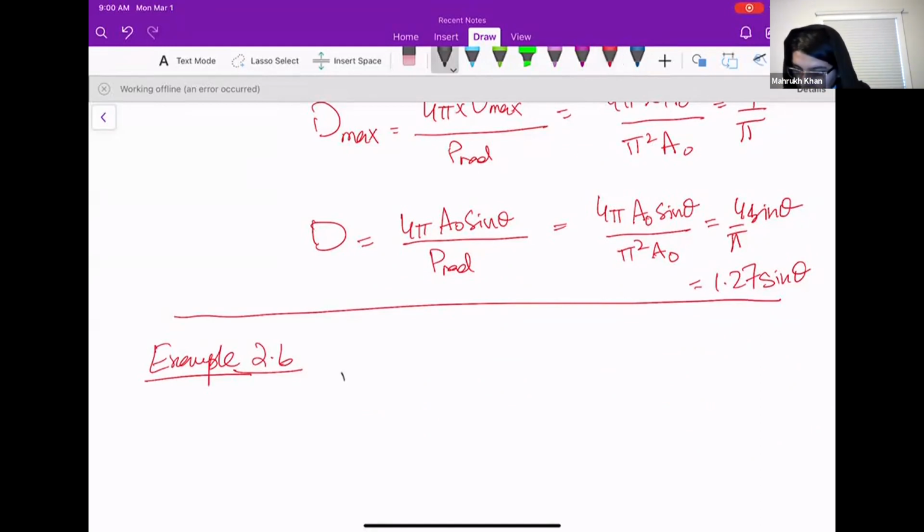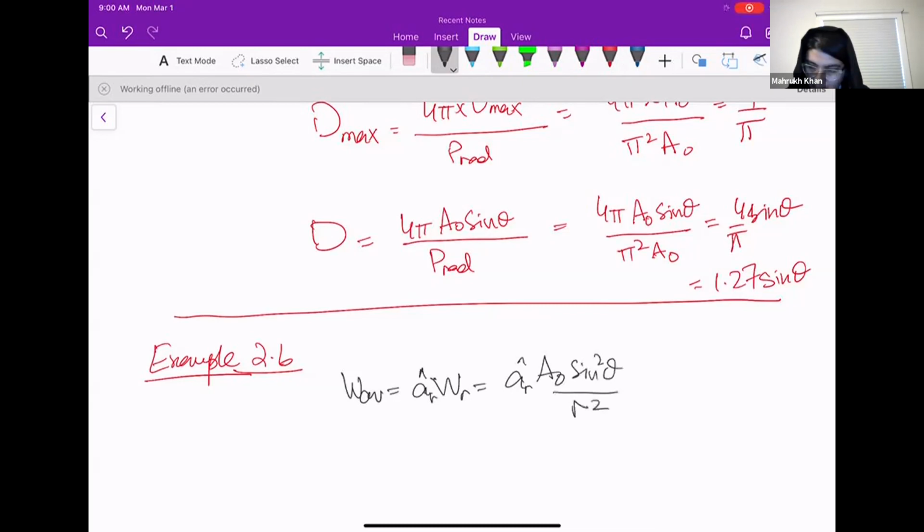Okay, so this average density is, so let's compare this average density with the density we solved before, okay?